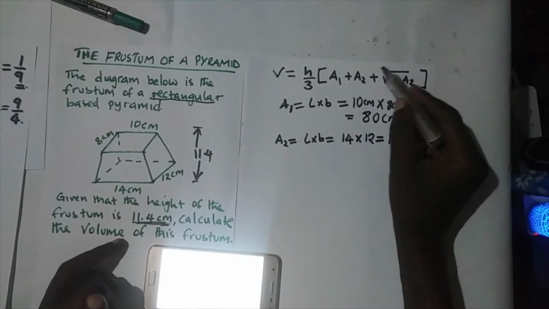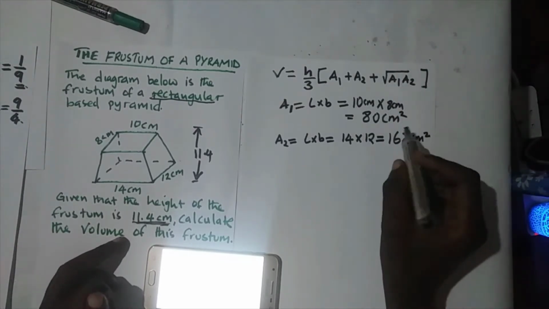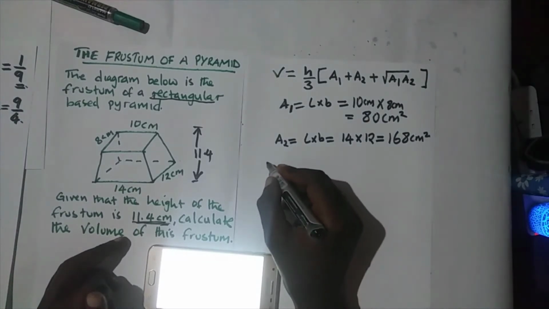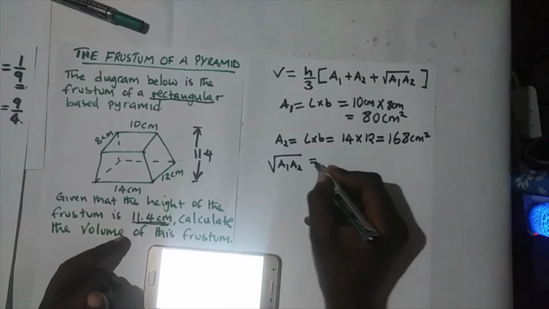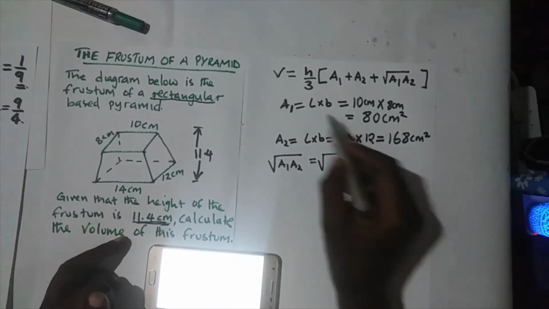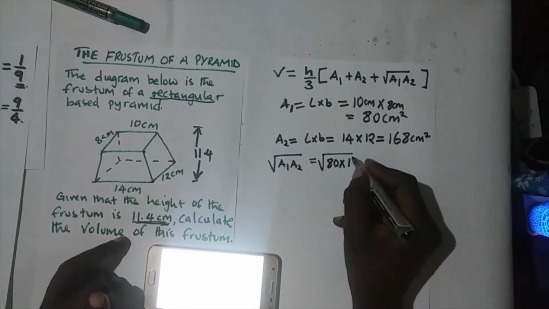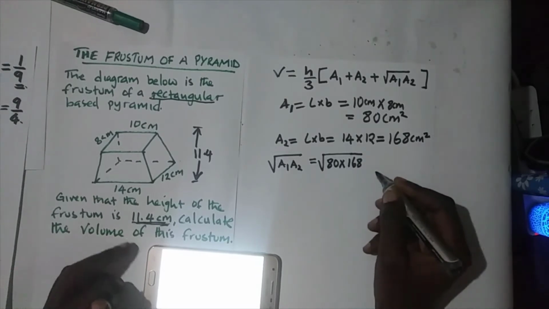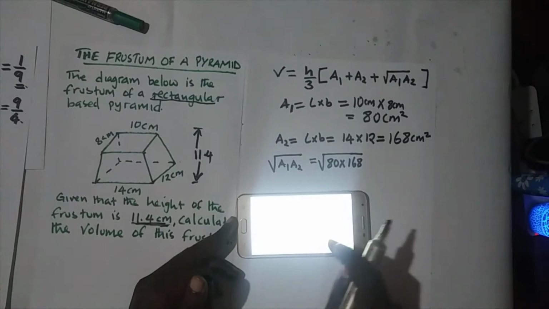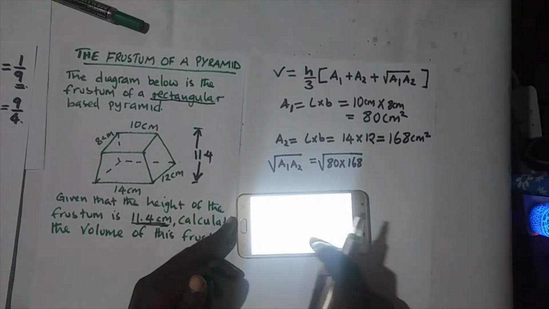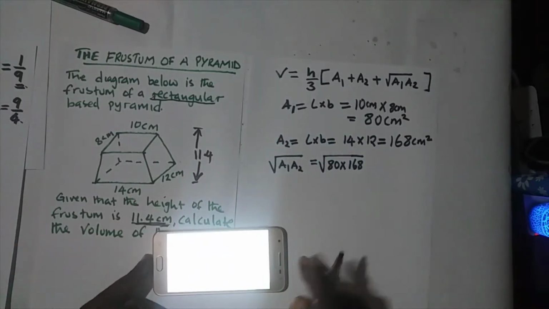And then there's this component here in the square root, the square root of area 1 times area 2. We can calculate that also in advance. The square root of area 1 times area 2 is equal to the square root of 80 times 168. When we multiply 80 times 168, this gives us 13,440.